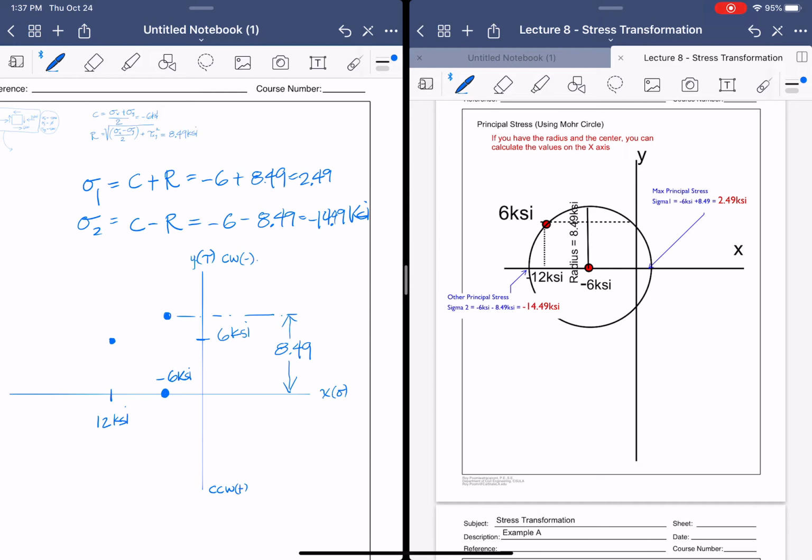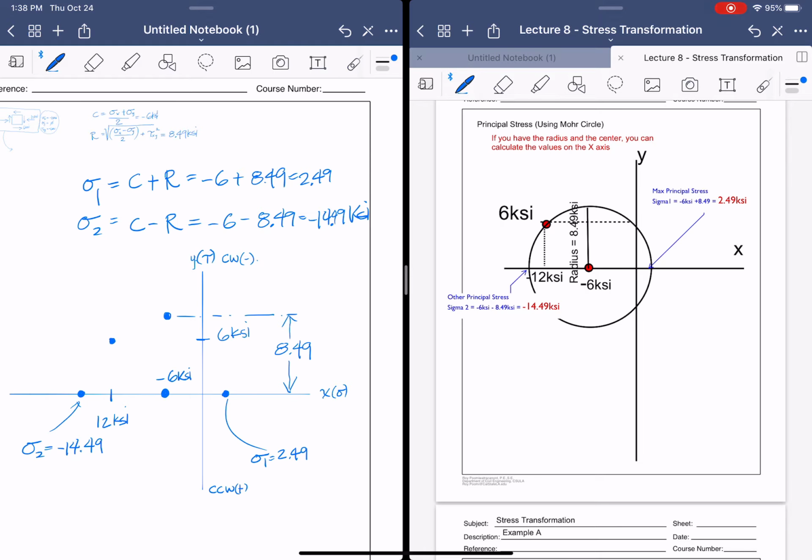So when we do that, we can start to draw our circle, right? Okay, so let's put those two points on the graph. We'll say that 2.49 is roughly around here. 2.49, say that's sigma 1. And then we'll say sigma 2 is equal to negative 14.49.